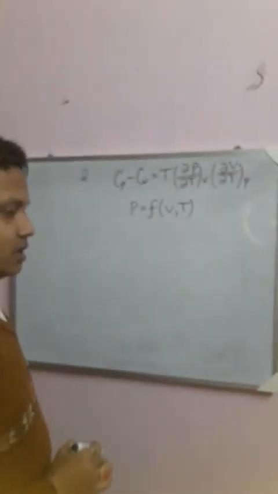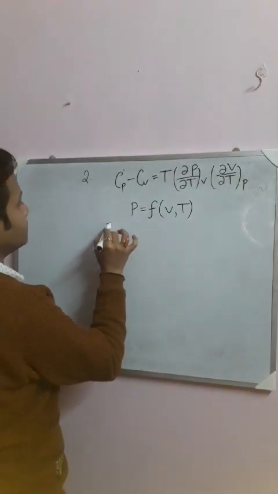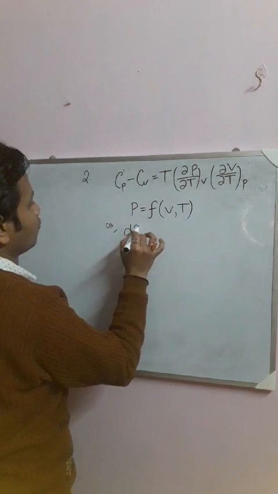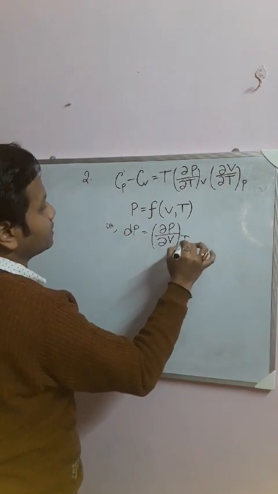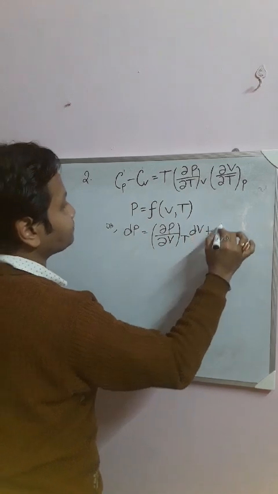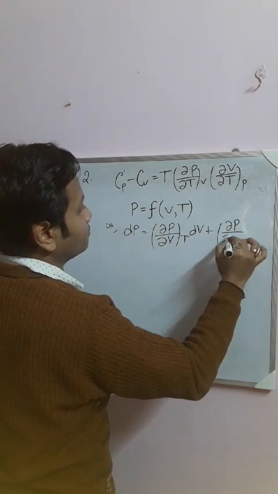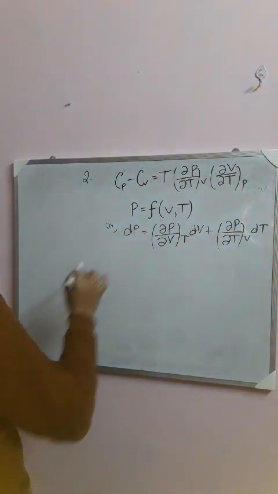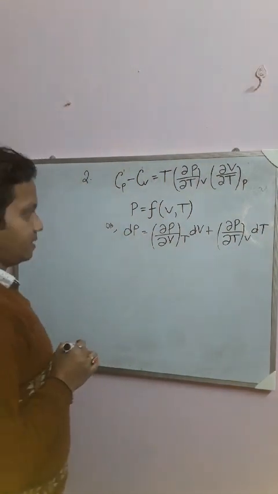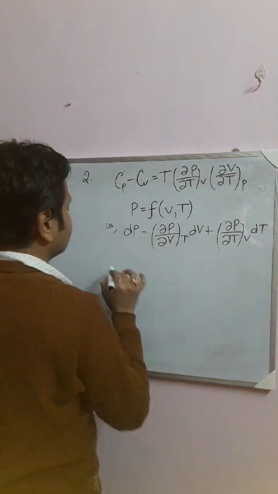Since dP is a perfect differential, we can write dP equals del P del V at constant temperature dV plus del P del T at constant volume dT.